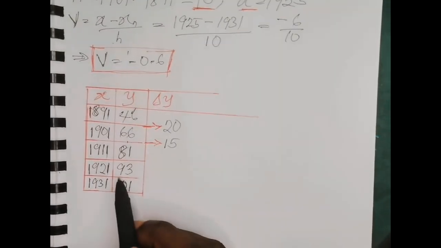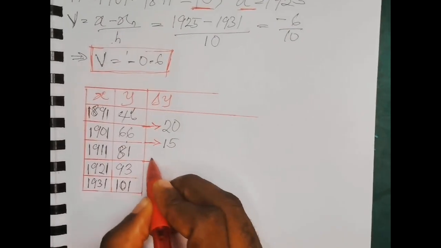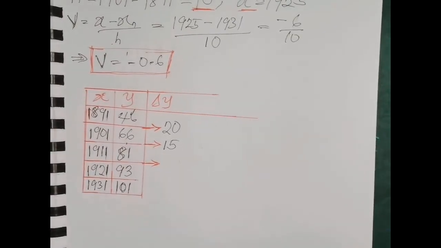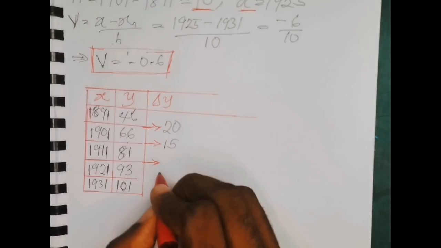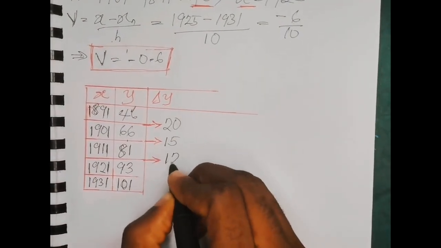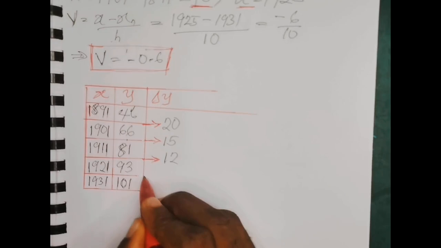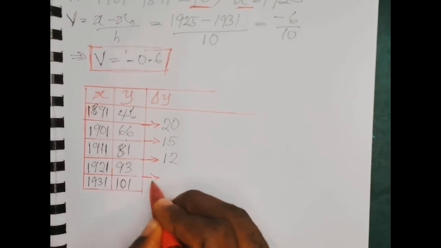Next you do 93 minus 81, also put the answer at their middle. So we find 93 minus 81. This gives us 12. Next you find 101 minus 93, also answer at the middle.